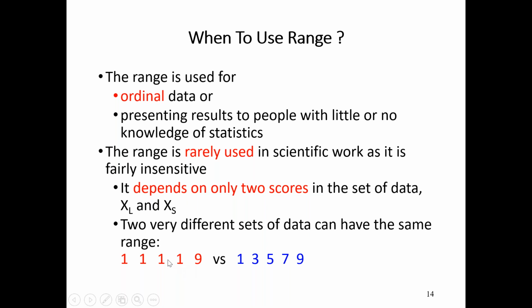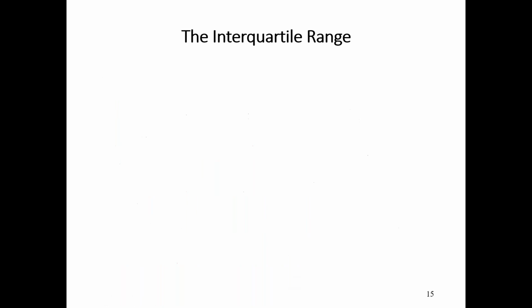On the left hand side, the minimum is 1 and the maximum is 9. On the right hand side, 1 is also there, and 3, 5, 7, 9 are also there. The different values are there. So these are two different data sets, but the range is similar: 1 to 9, again 8 is the range. So it does not give you a clear picture about the distribution of the values.